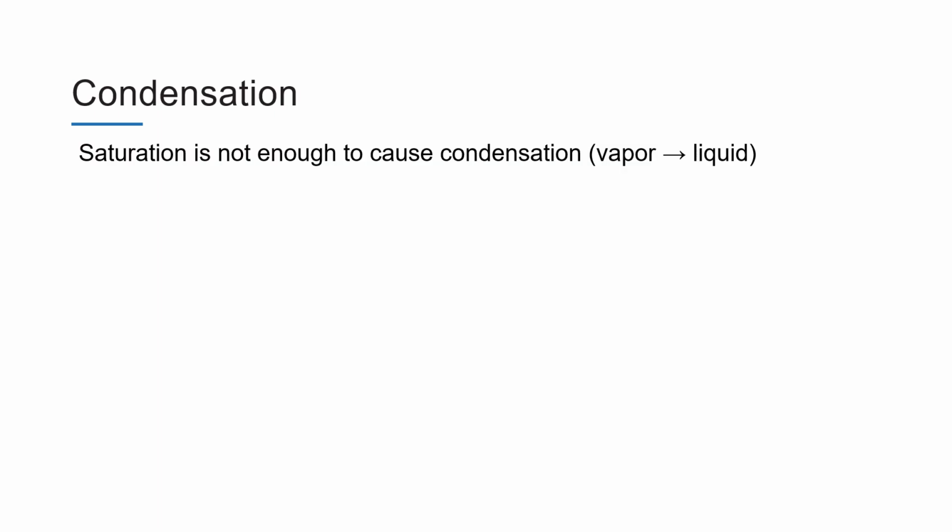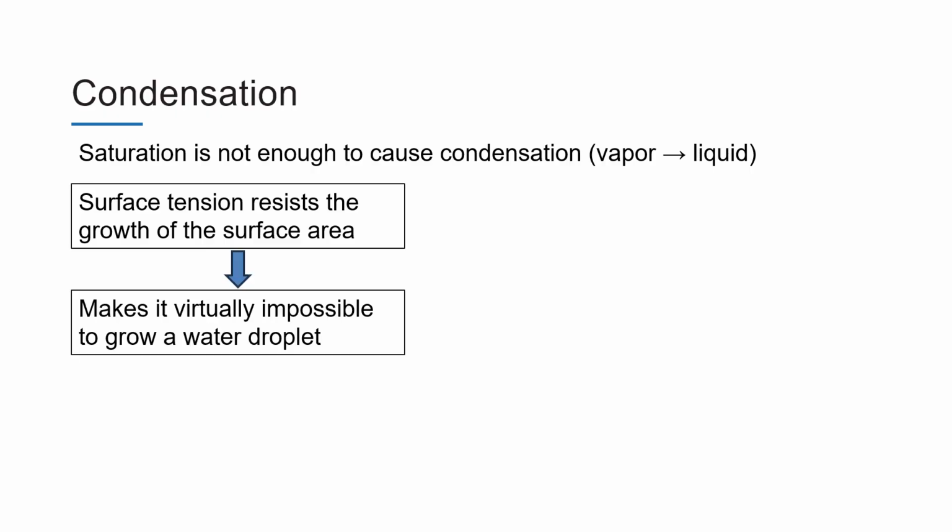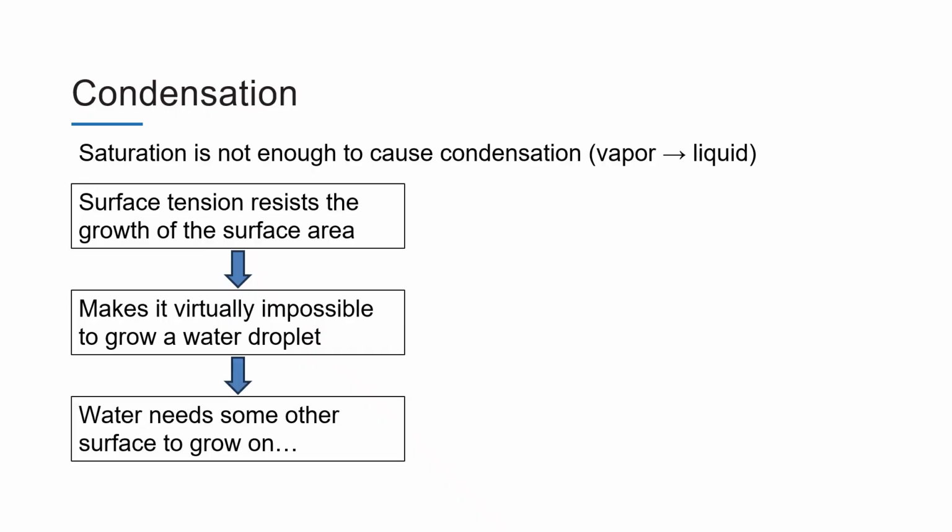So to back up a little bit, I said that when the point of saturation has been passed, water vapor can condense into liquid. But saturation is not enough to cause condensation, and this is because of surface tension. So surface tension, because of those hydrogen bonds pulling water molecules together, resists the growth of surface area. To grow, the water needs some other surface on which to collect to overcome surface tension.